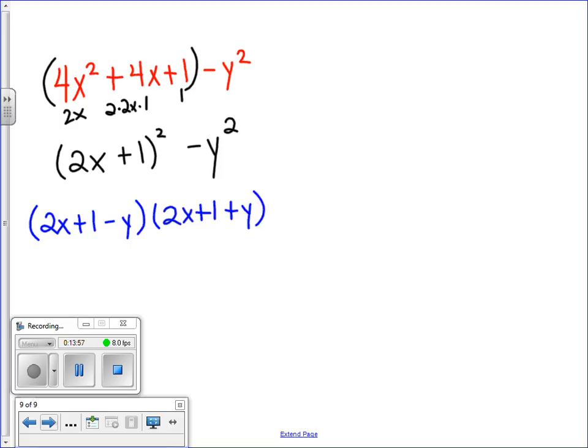Where did the 2 times 2x times 1, where did the other 2 come from? Here? Yeah. Because this is A, this is B, this will be 2AB. Remember?